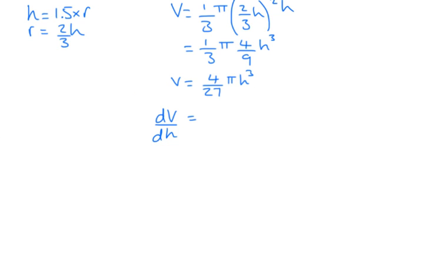Now all of that bit at the front is just a constant. The h cubed is the variable. The h is the variable.